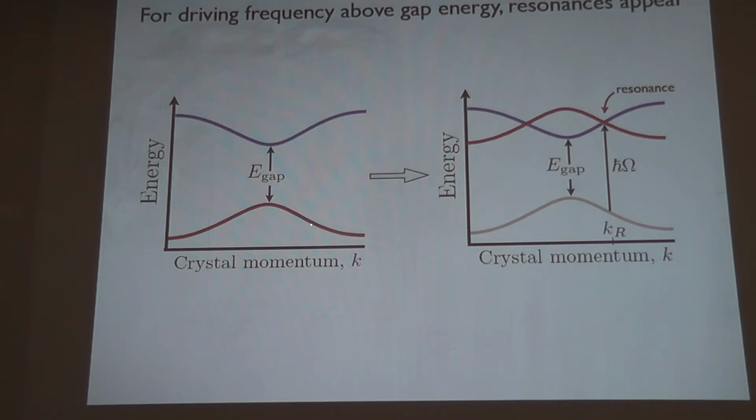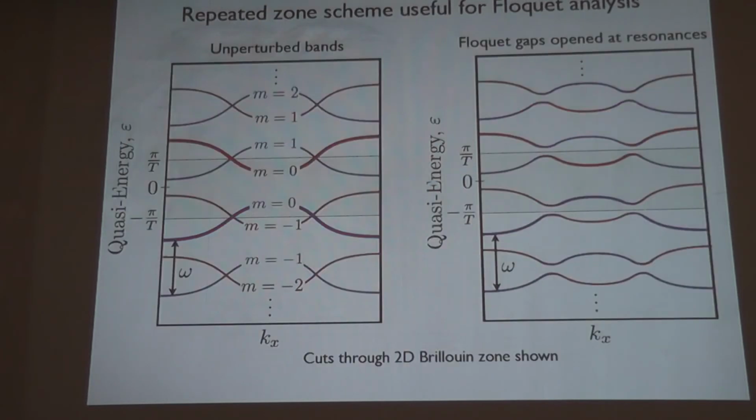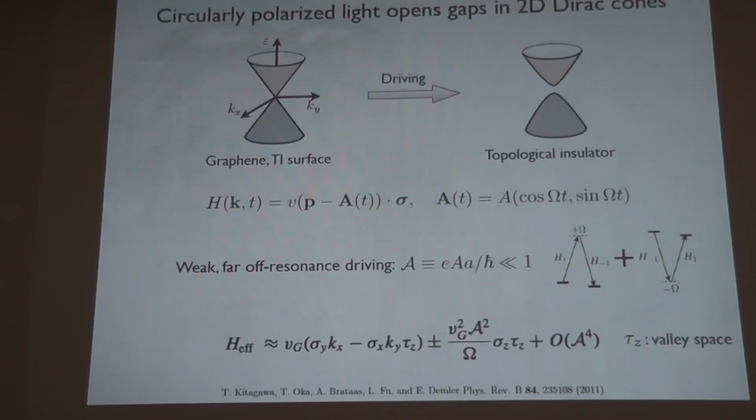Okay, in the rotating frame, essentially I can take one branch of states and shift it up, and near these resonant points, the driving will couple the 2 bands and can open new gaps and can change the form of the bands. Okay, we can understand that.